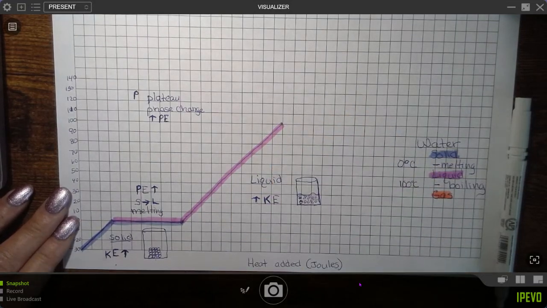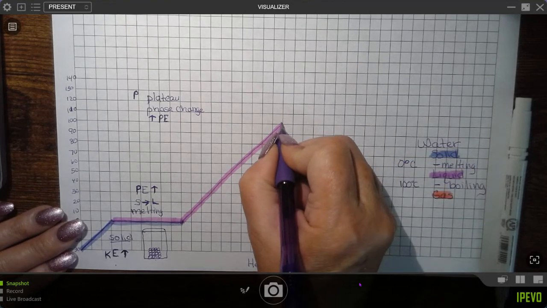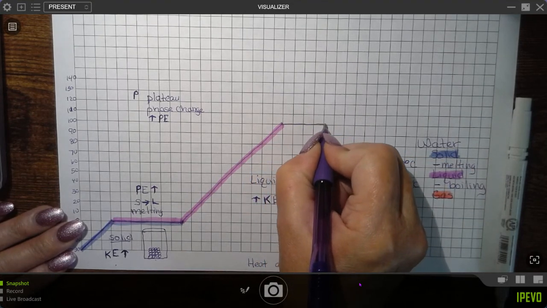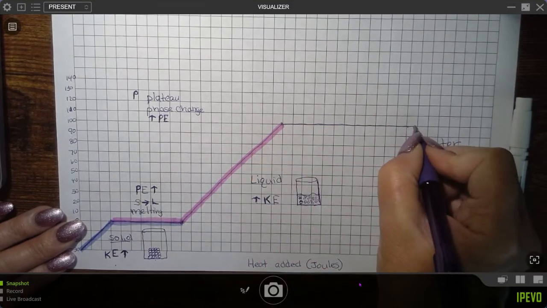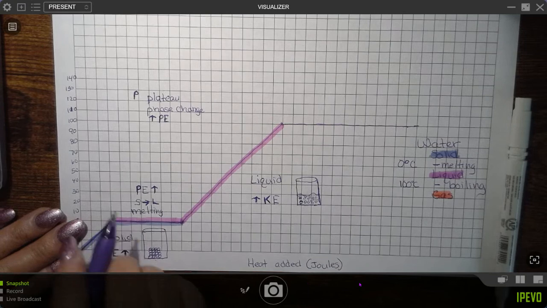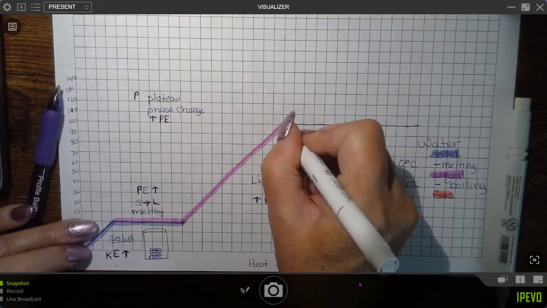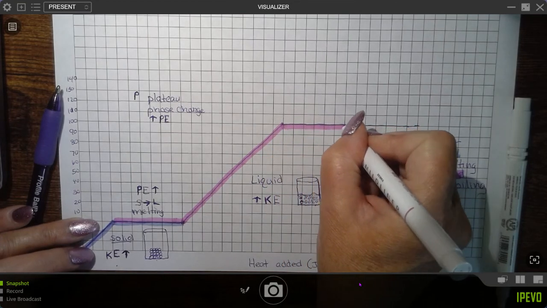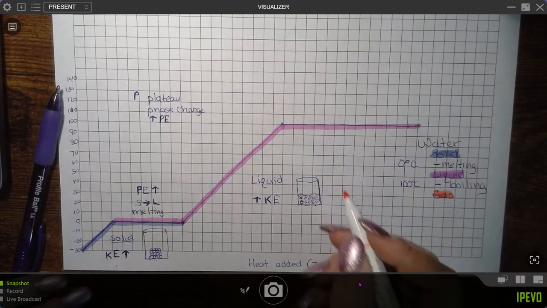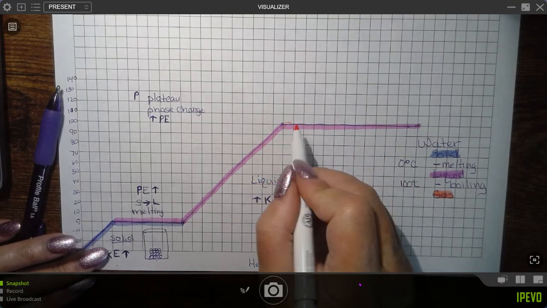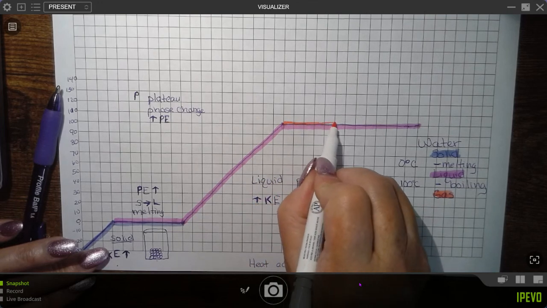So guess what happens at 100 degrees Celsius? That's where water boils. So water takes more energy to boil than it does to melt. So I'm going to make this plateau a little bit longer. And along this plateau, we have not just liquid, but liquid and gas.